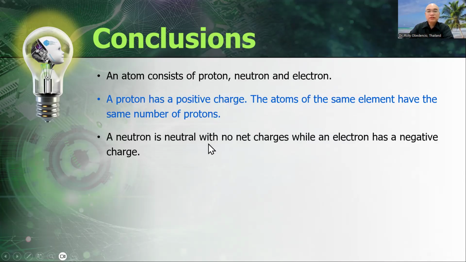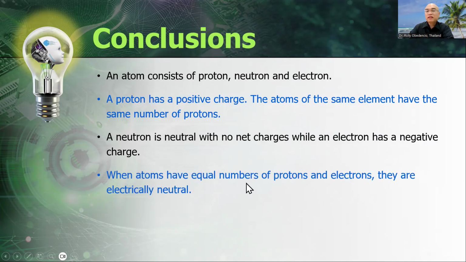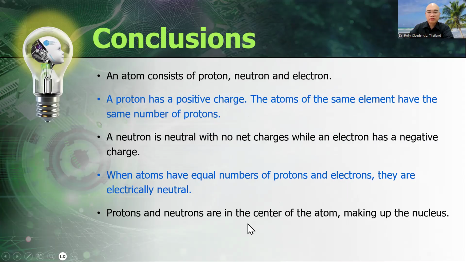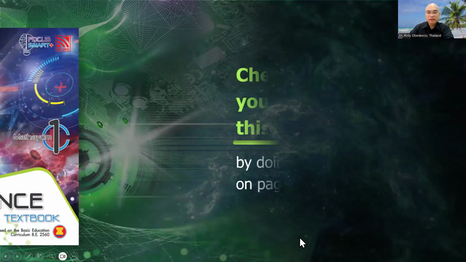A neutron is neutral with no net charge, while an electron has a negative charge. When atoms have equal numbers of protons and electrons, they are electrically neutral. Protons and neutrons are in the center of the atom, making up the nucleus. The electrons move in the free space around the nucleus.